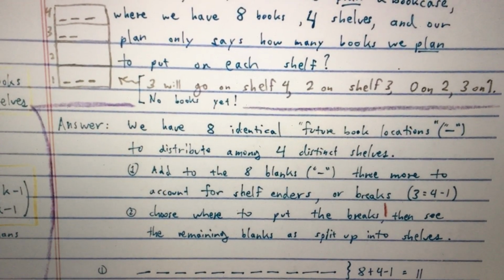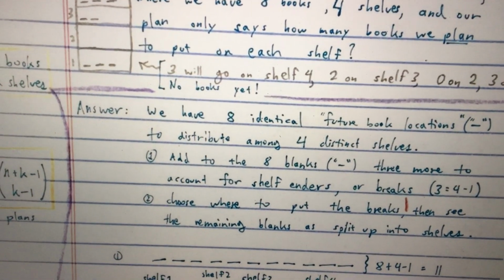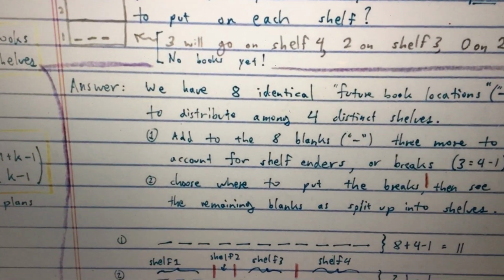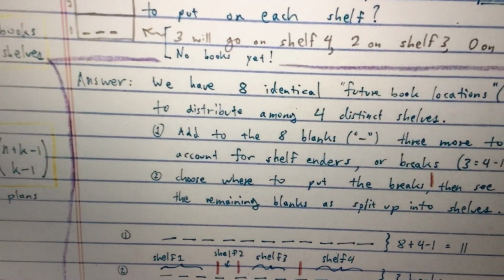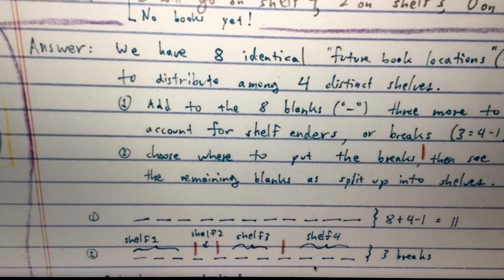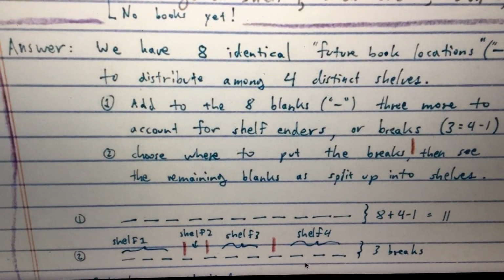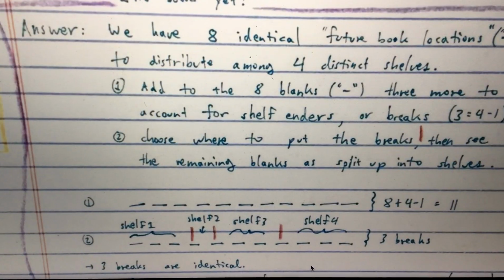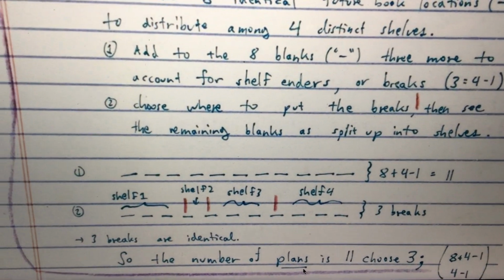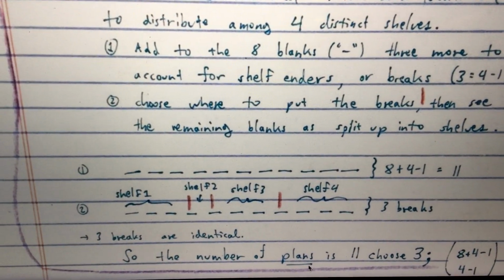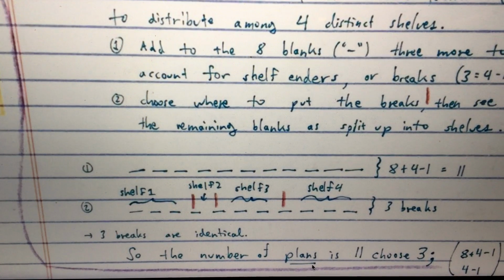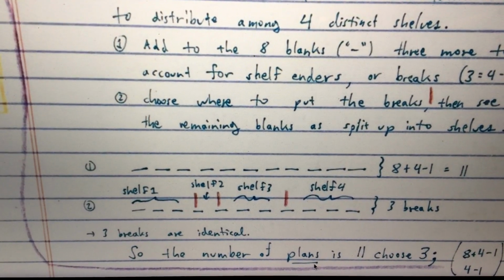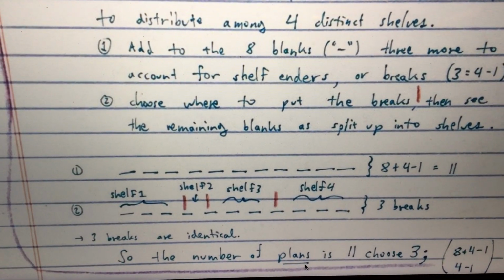So you can see that if we wanted a different plan, we could show it by starting with a different placement of the breaks. Okay, so here's how that turns out to count. The 3 breaks that we put in are identical, so that means we can choose them order free, and that means we use the combinations.